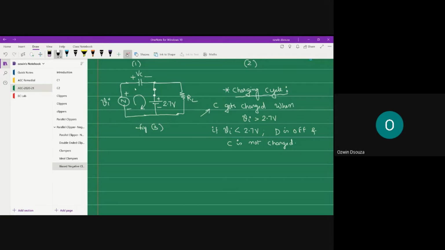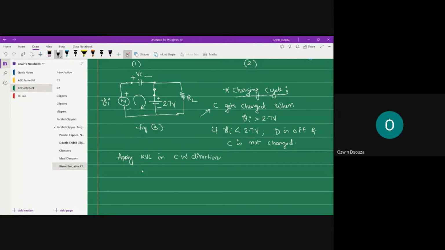This is plus minus because the terminal of the capacitor connected to the source attains the source polarity. The source has positive polarity, hence the terminal attains positive polarity, and the opposite terminal will attain the negative polarity. All right, apply KVL in clockwise direction.